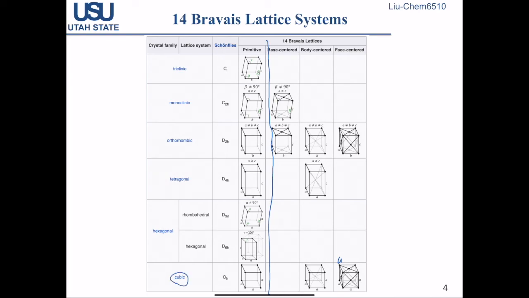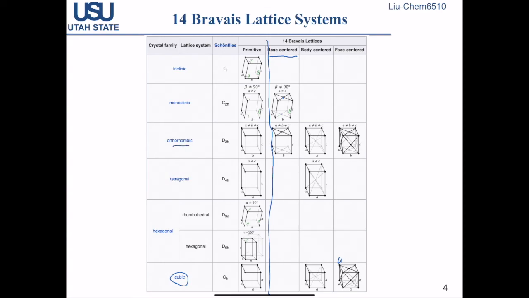So if we add an additional point, in this case monoclinic, if we add an additional point at this face and the bottom face, then we are going to have a base centered monoclinic, okay? Then we can do the same thing for orthorhombic, okay?